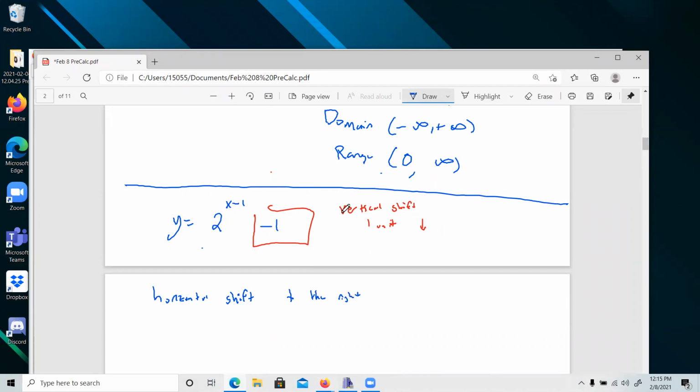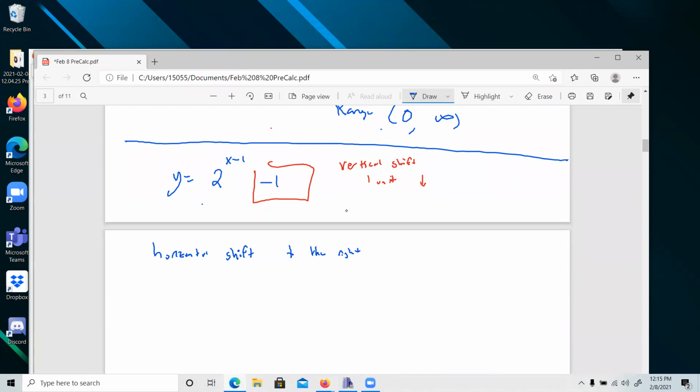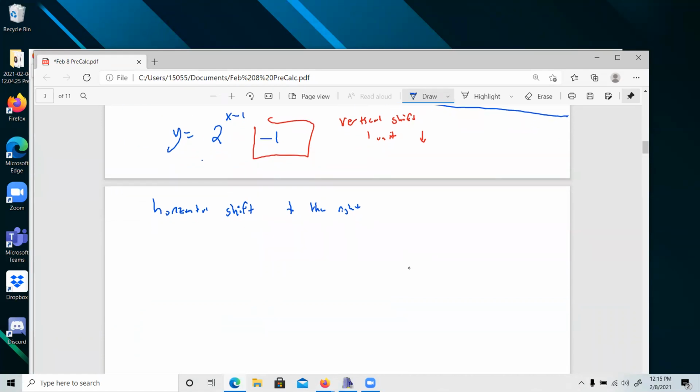It is also a vertical compression or expansion, because we could say y is equal to 2 to the x minus 1, which is equal to 2 to the x times 2 to the negative 1. So this is 1/2 times 2 to the x.